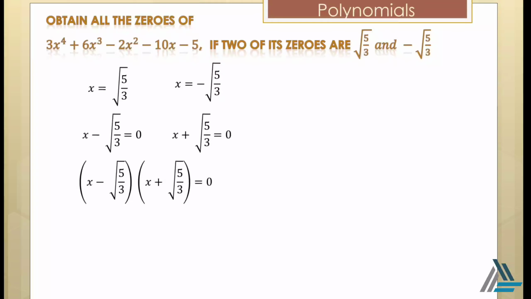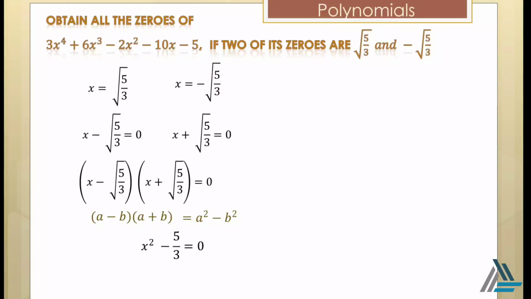I think you all know how to multiply two factors, but here we can apply the formula (a minus b)(a plus b) is equal to a square minus b square. In this way we can write a square, meaning square of x, minus square of root 5/3. Here the root is cancelled, then we can write 5/3. Then we get a quadratic polynomial.